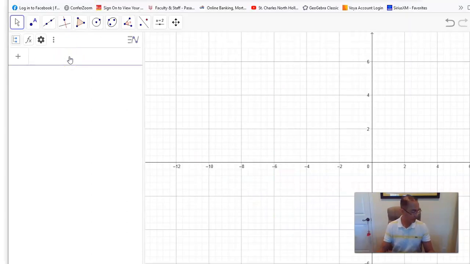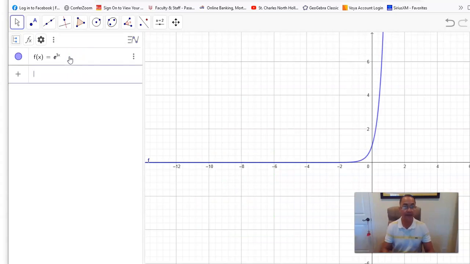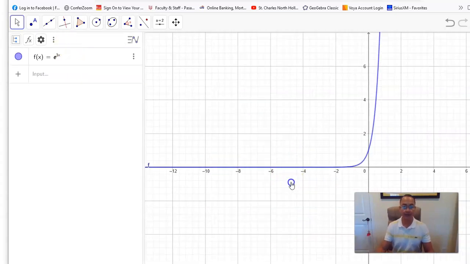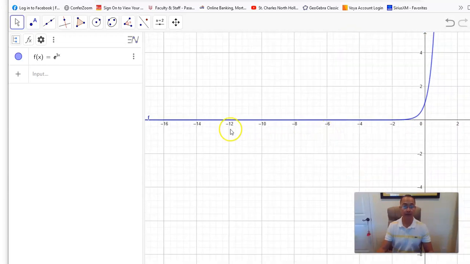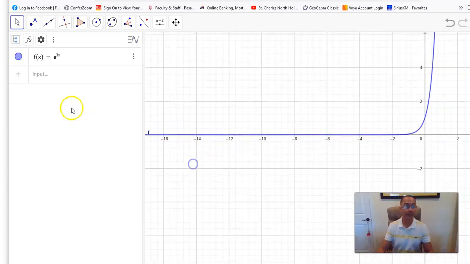All right, so we have e to the 3x. There we go. As promised, it is an increasing function. So as x goes to plus infinity, y also goes to plus infinity. And as x goes to minus infinity, we have a horizontal asymptote, the x-axis, so y goes to 0.